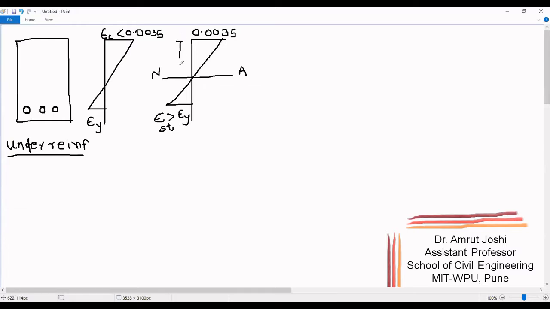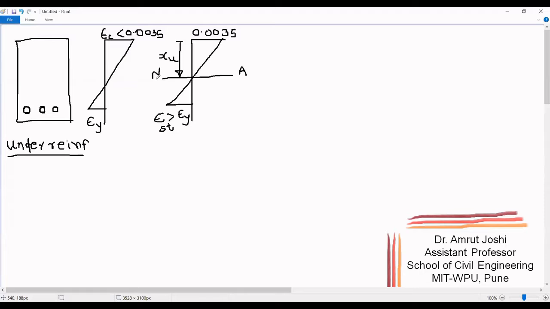This will be the position of the neutral axis at failure from the extreme compression fiber for an under reinforced RCC beam section. Just look at the notation that I have given for the position of the neutral axis. It's no longer XUB because B stands for balanced section. It is only XU.